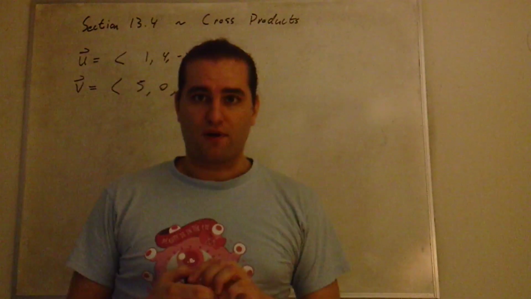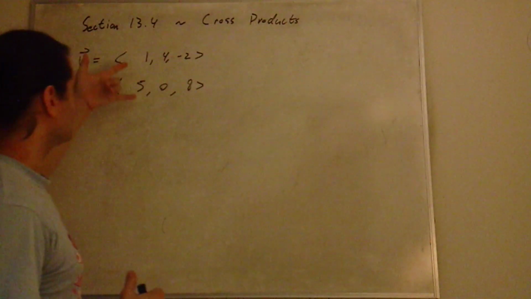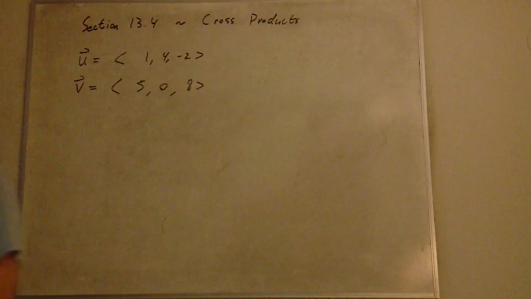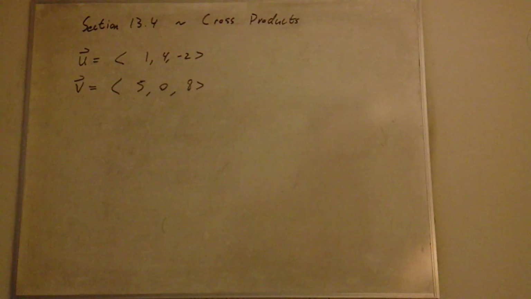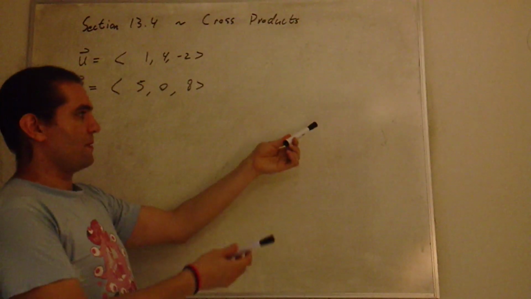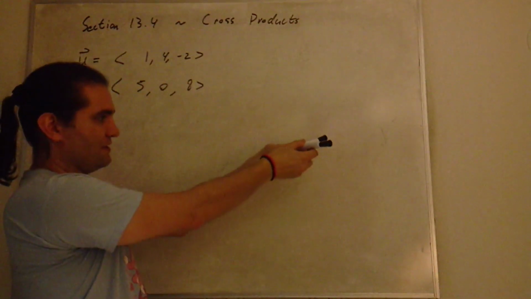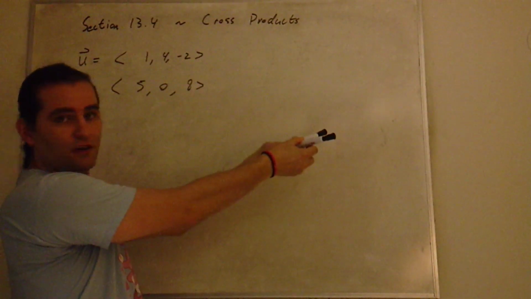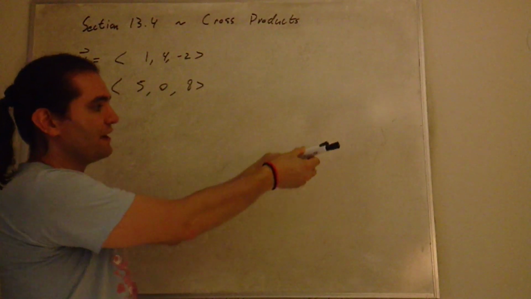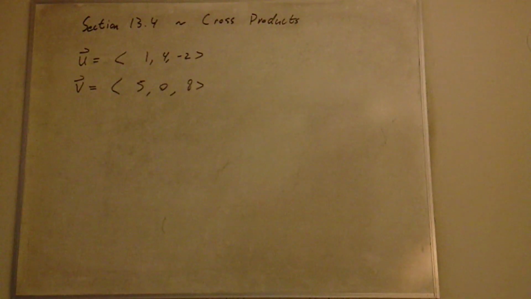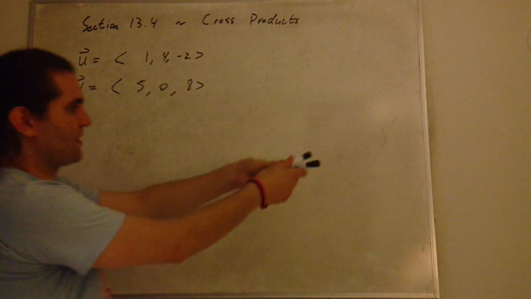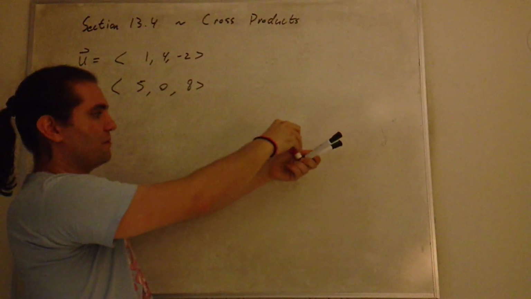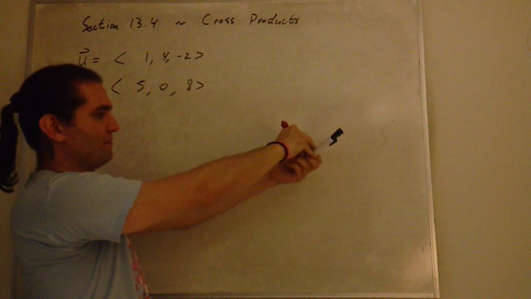The cross product of these two vectors in 3 space, one of them goes this way, one of them, let me see if I can do this with 2 markers. One of them is going back this way, one of them is going straight this way. The cross product of these two vectors will be a third vector, and that third vector will be perpendicular to both of them.